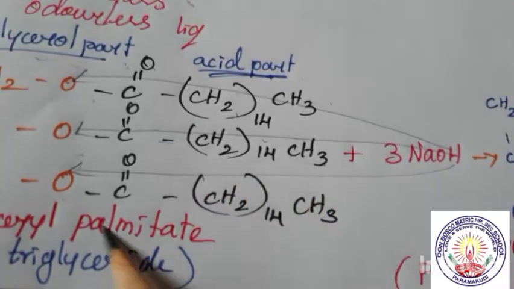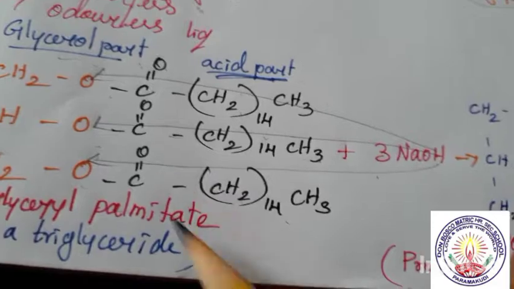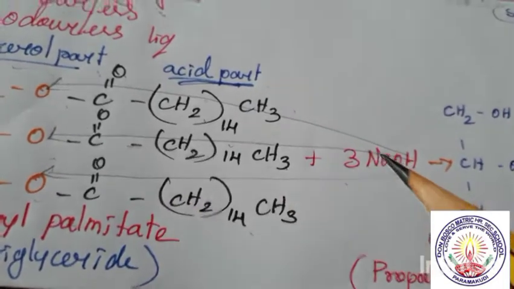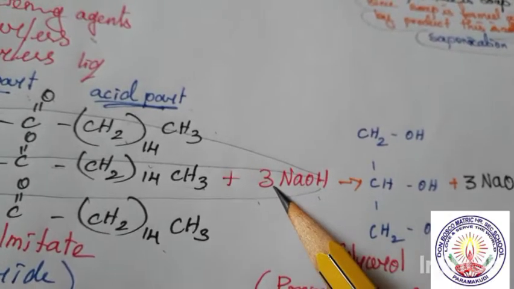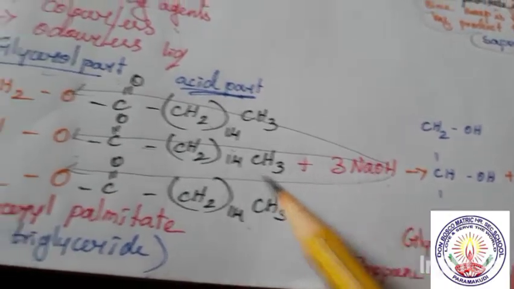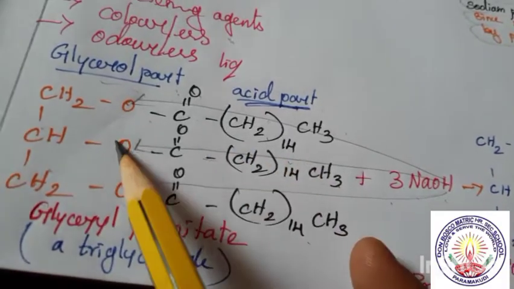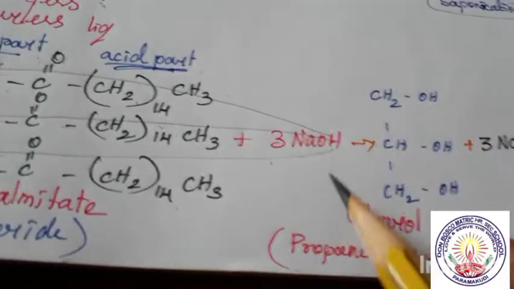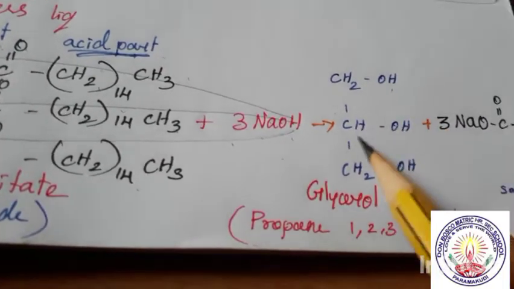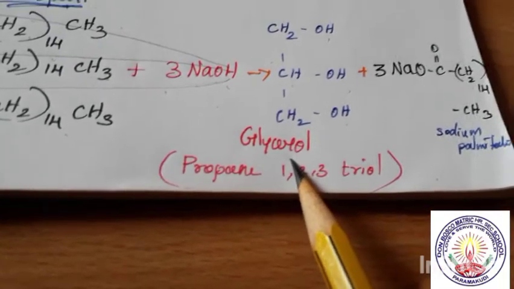The same thing is here, same thing is there. So we are adding here 3 NaOH. From the 3 NaOH, one is attacking here, the other one is combining here, the other one is combining with this O. So we are getting CH2OH, CHOH, CH2OH, that is glycerol.